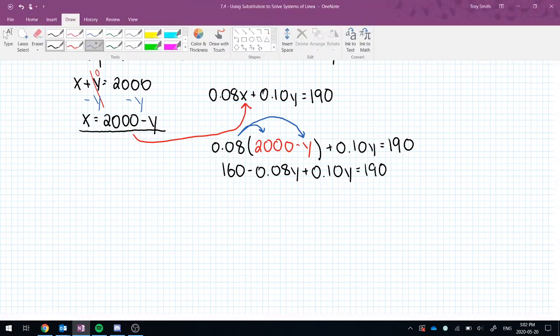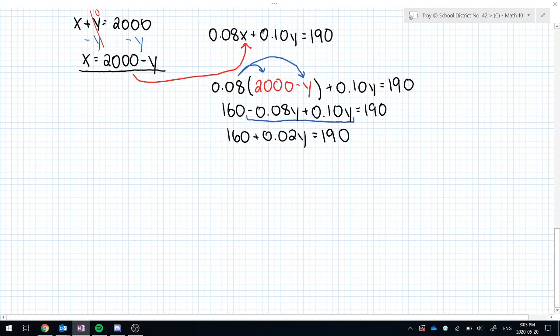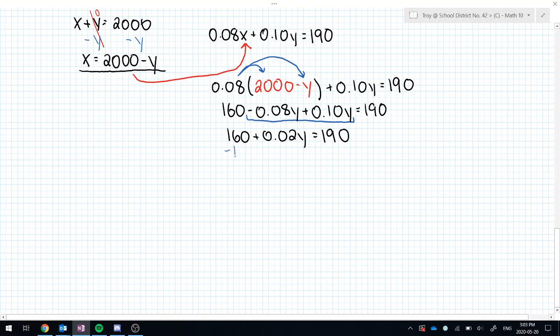I have some like terms right there I can combine. So that's going to be plus, what is that going to be, 0.02y, right? Equals 190. I want to get that y by itself, so I'm going to take care of this 160. That's a positive 160. So if I want to get it out of the way, I'll subtract my 160 on both sides.